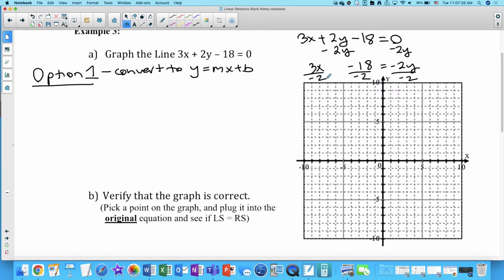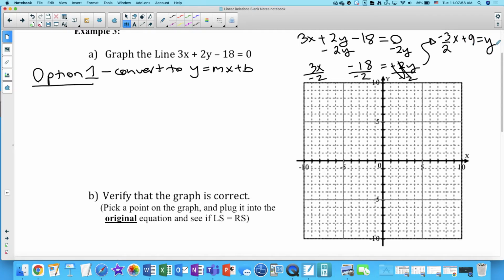So this cancels. And what I end up with is 3 over negative 2, or negative 3 over 2, whichever way you want to see it, x. Here's my slope. And then negative 18 divided by negative 2 is positive 9. Plus 9 equals y, right?